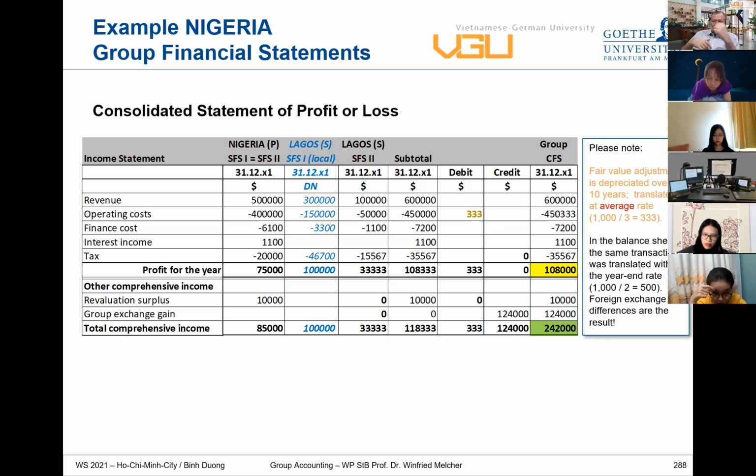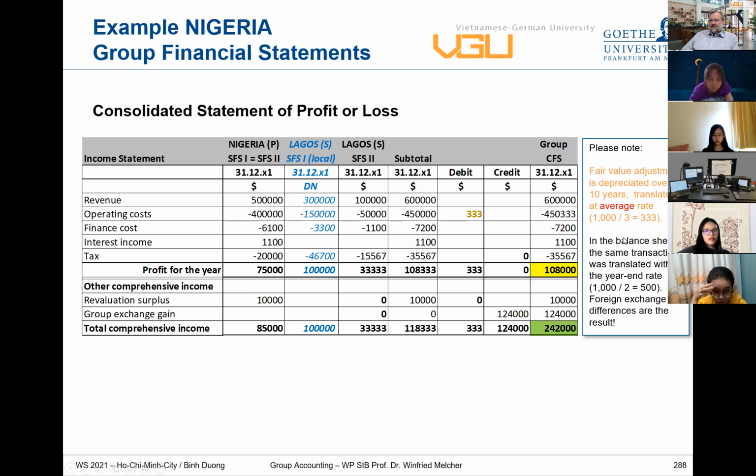When we look at the balance sheet, we take the closing rate, and when we look at the income statement, we look at the average rate. We will have the same depreciation of 1,000, and we find that with 500 in the balance sheet and with 333 in the income statement. And of course, there is a difference, right? And that difference will be captured in the foreign exchange difference that we then split to NCI and the shareholders.